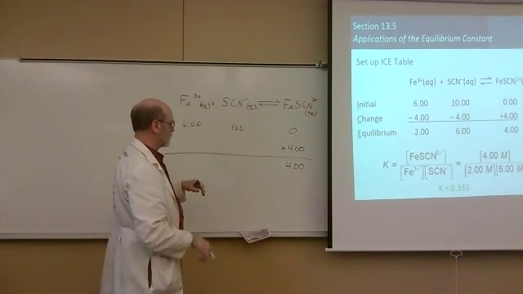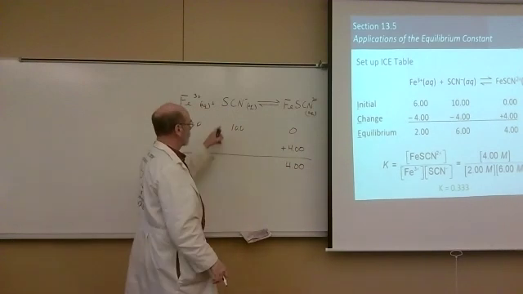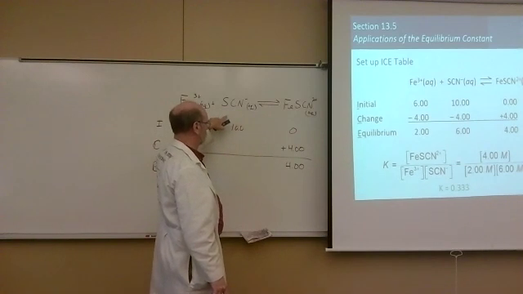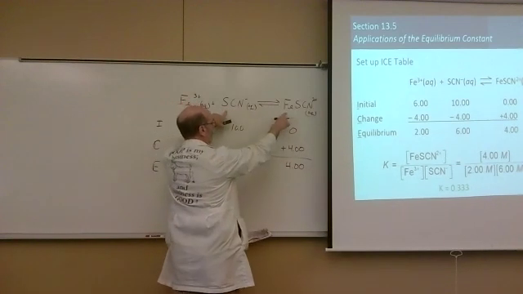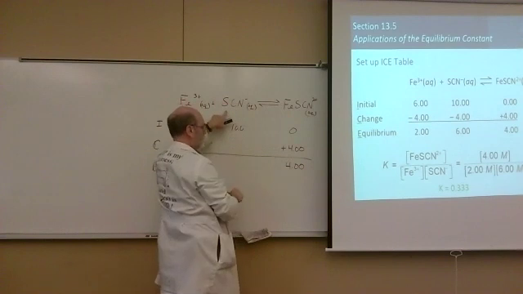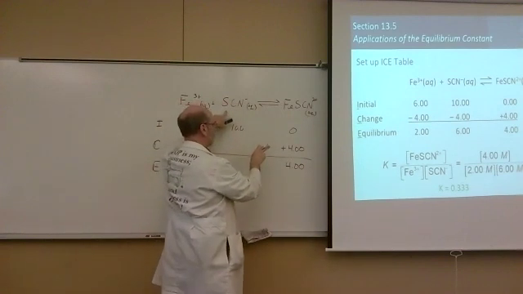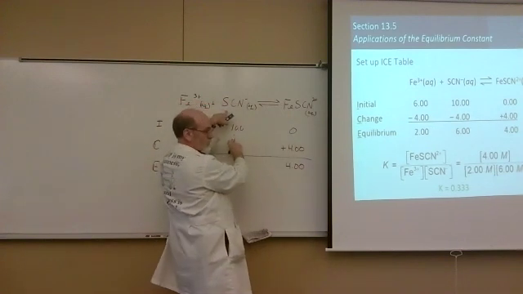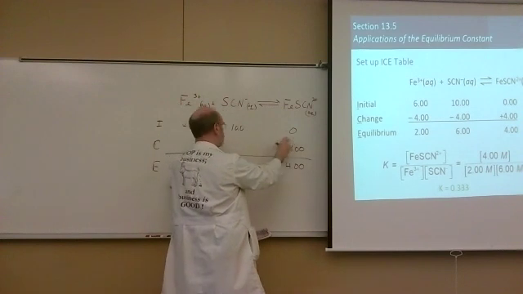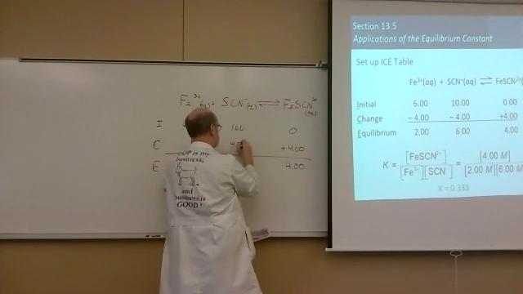Well, what's happened to the other ones? The ratio is 1 to 1, isn't it? So for every one of these, one of those is lost. So for every 4 of those, 4 of these are lost.